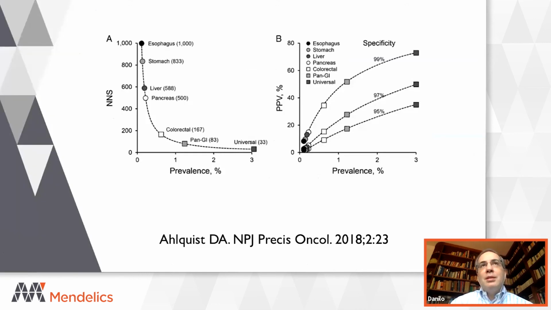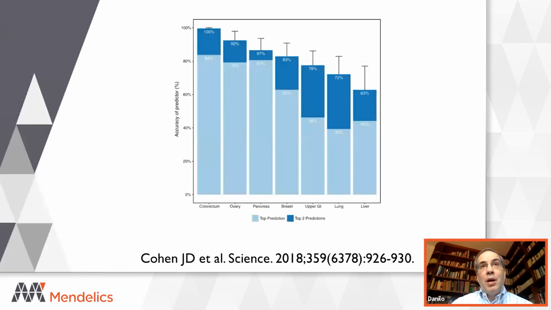If we can test for universal, any cancer, universal screening, then you'd need to screen just a few people to find one positive, and that would be good. But that depends on the specificity, and today this is still the problem. So we don't know if it will finally work, but there are a lot of people studying that and trying to use NGS testing along with traditional plasma markers to try to screen and diagnose cancer.